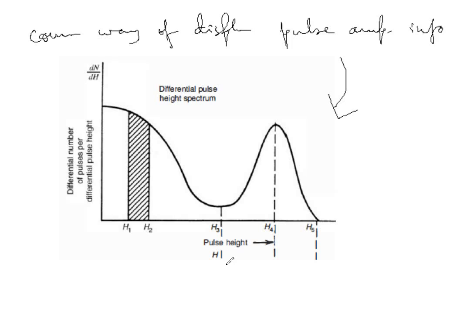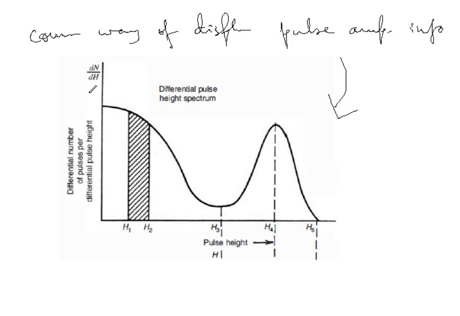Now, as I was saying, we have the abscissa, a linear pulse amplitude scale going from 0 to higher values. What about the ordinate? It is the differential number of pulses observed with an amplitude within the differential amplitude increment dH, divided by it.